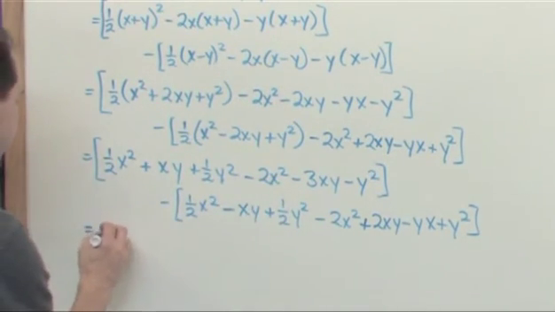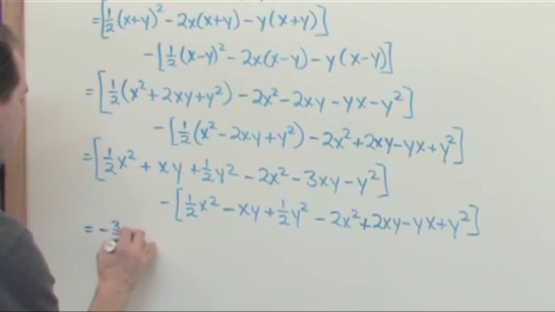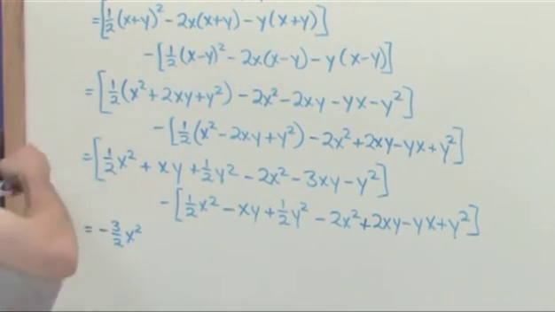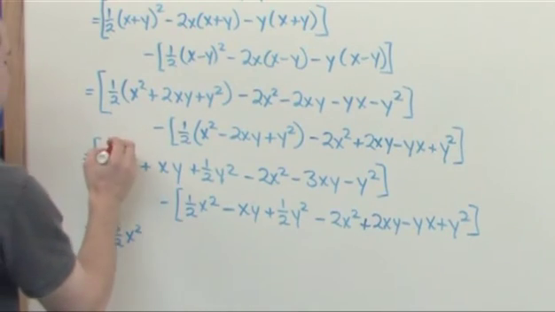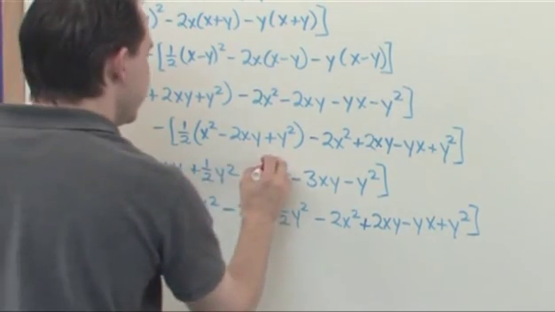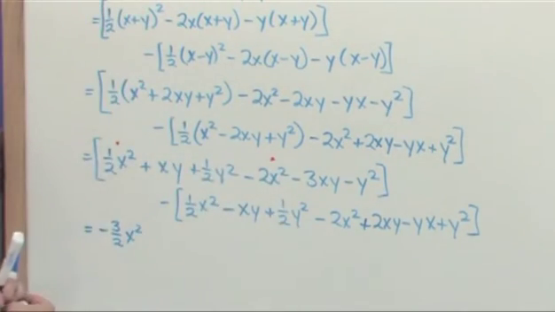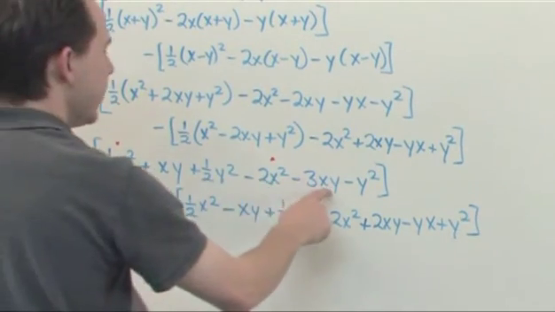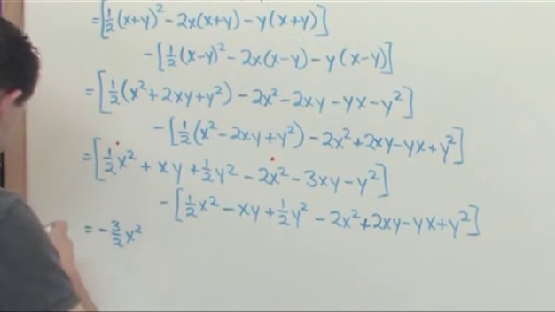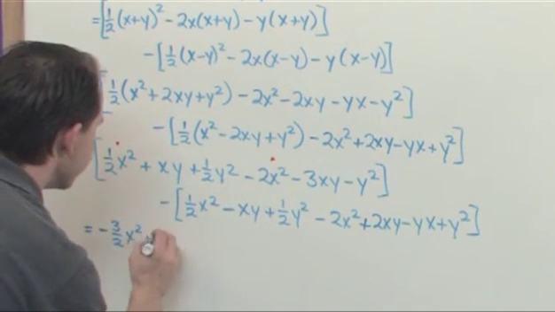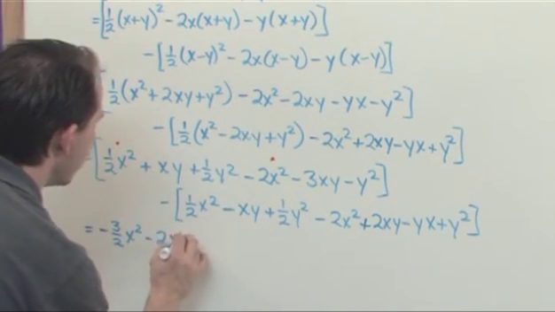So that's going to be negative 3/2 x squared. Okay? And I'm going to put a little dot over this to show that I've actually added those things together. That's just to help me remember what I've done, okay? Now what we have here is xy and then negative 3xy. So what you're going to have here is negative 2xy.